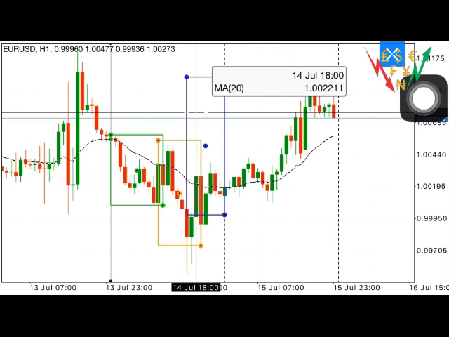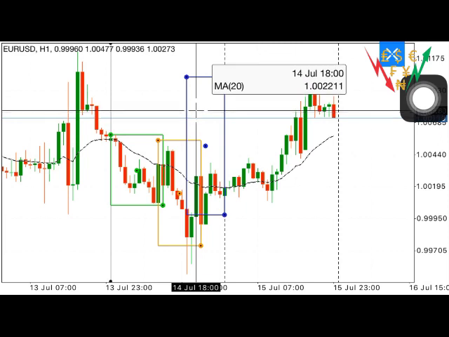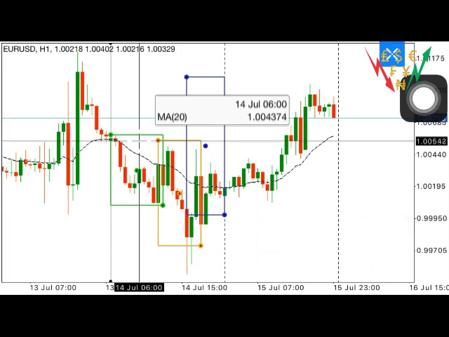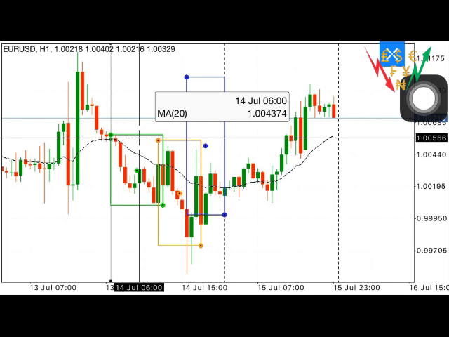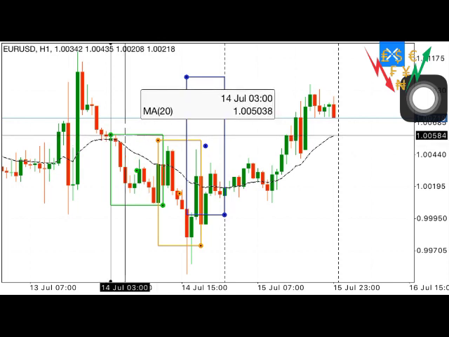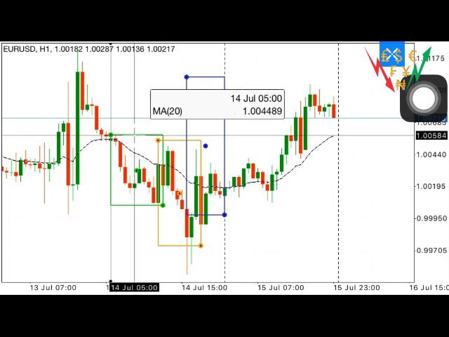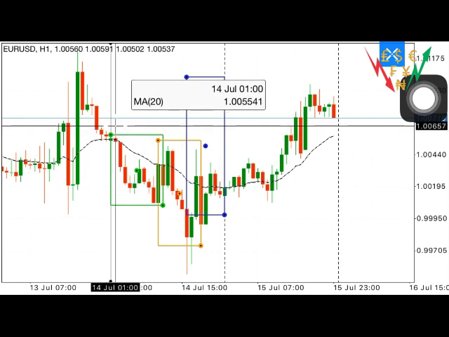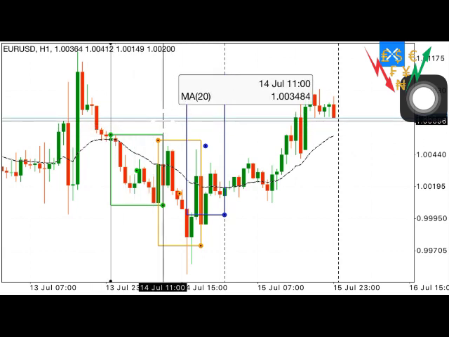At that point, when there's an overlap in the market sessions, you find very good and quite volatile trading opportunities. But guys, the best sessions to trade the forex market are the London session, that's the European session, and the New York session, right? You find optimal trades at that point.